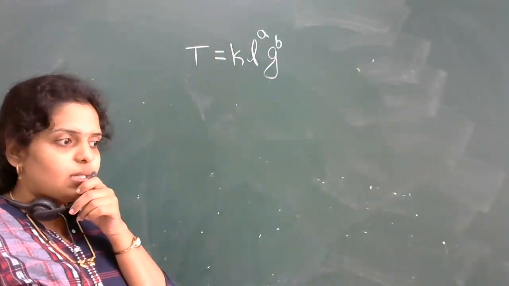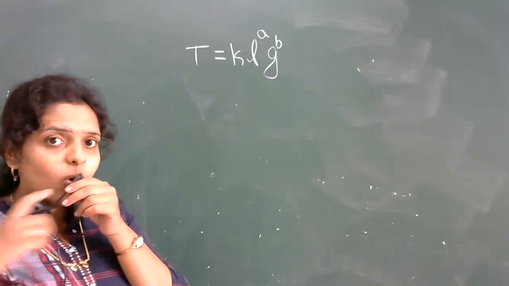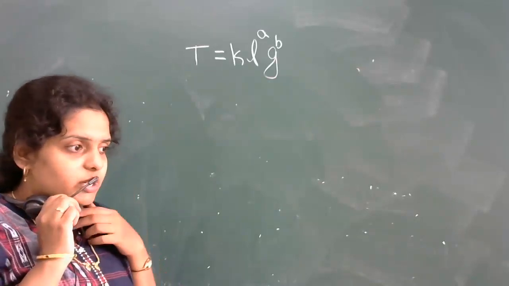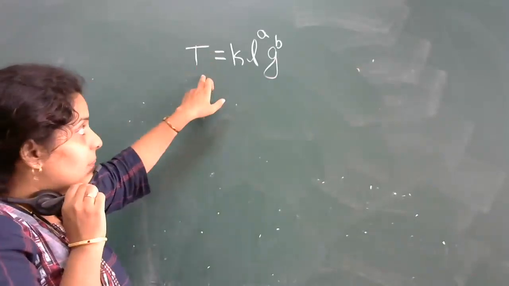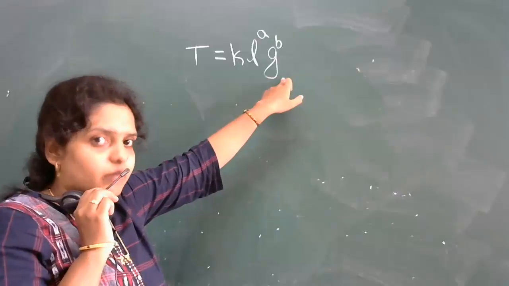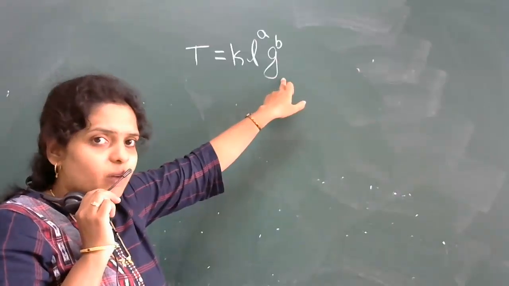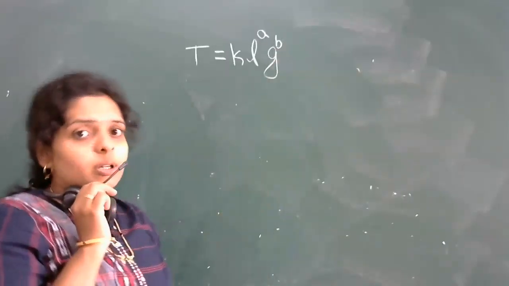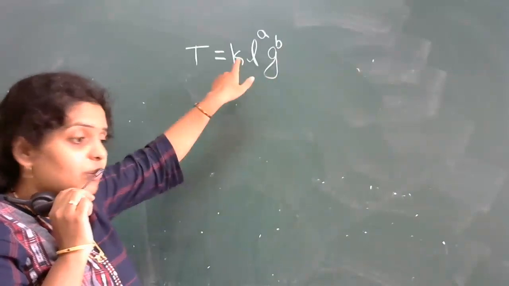The constant I'll consider as K. We don't know the powers here, therefore I am taking L raised to a, g raised to b. Why am I taking K here?